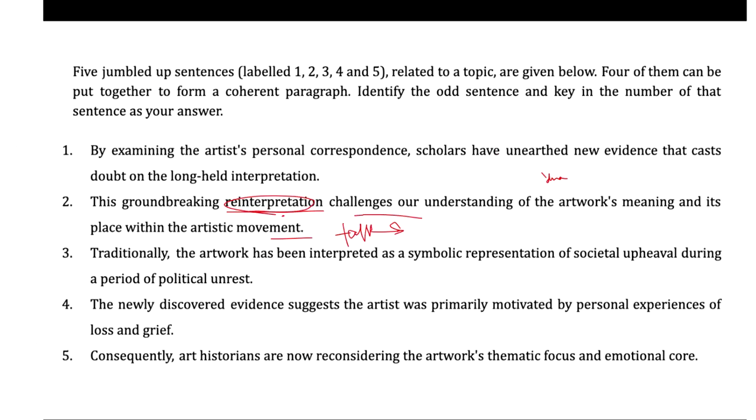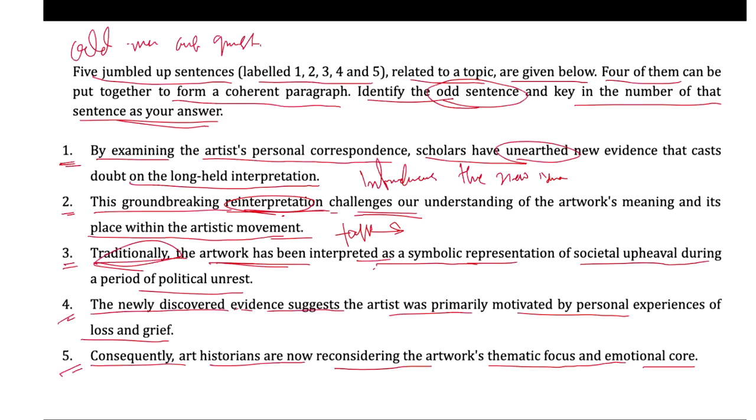The third one said, traditionally the artwork has been interpreted as a symbolic representation of societal upheaval during a period of political unrest. This provides context about the traditional interpretation of the artwork, right?